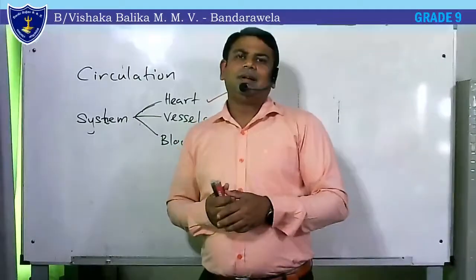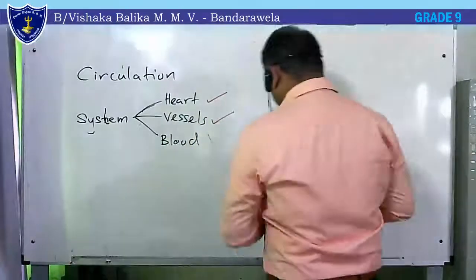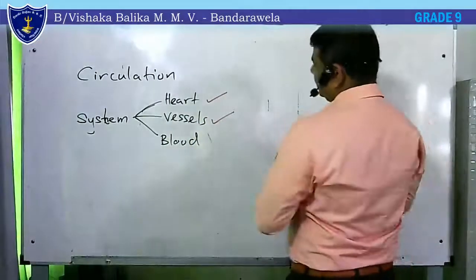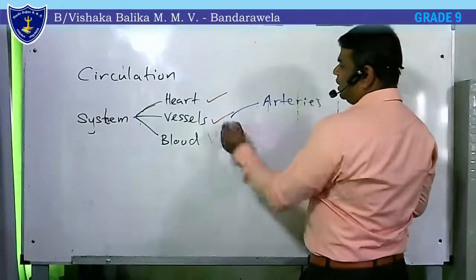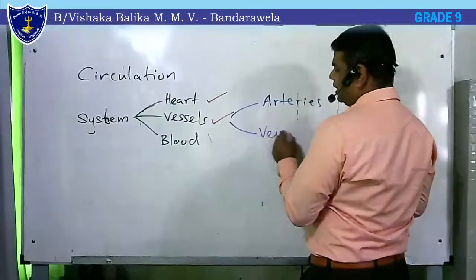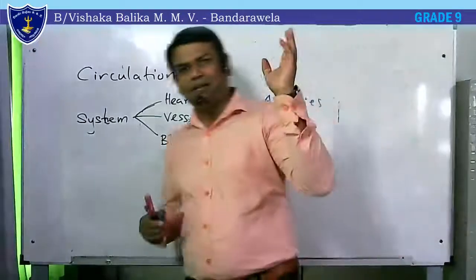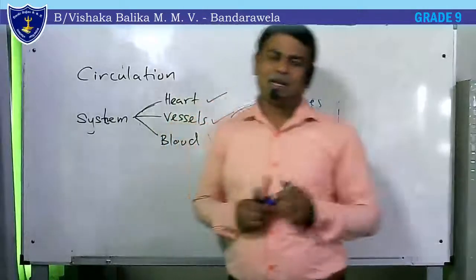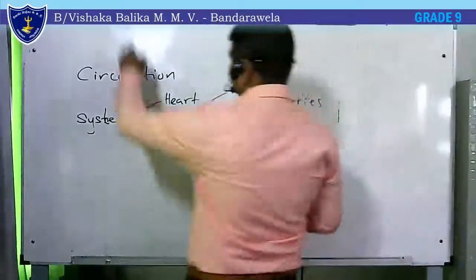Also, there are two main types of blood vessels. One type carries blood away from the heart, they are the arteries, and one type brings blood back to the heart, they are the veins. Arteries carry blood away from the heart, veins bring blood back to the heart. That's how we finished the last lesson.